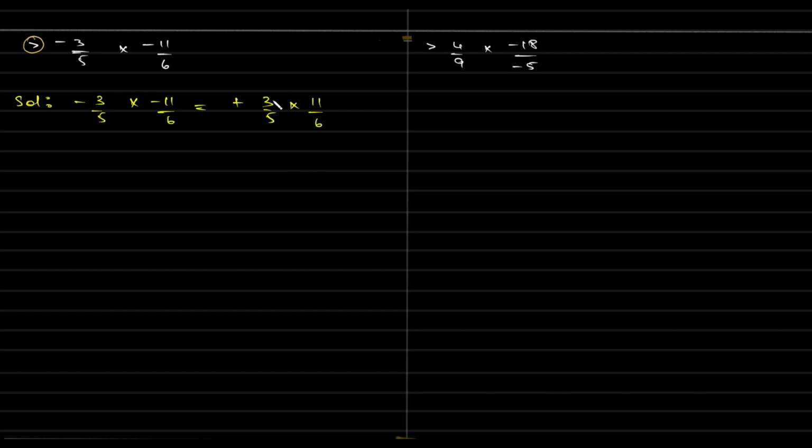What we can do here is cancel in this way. 3 1s are 3, 3 2s are 6. This is also okay. Actually, this is what I would advise you guys to be doing. 5 and 11, nothing common. So we have 1 by 5 into 11 by 2, which is equal to 11 by 10. Again, we get the same answer. If you shift or not, you will get the same answer.